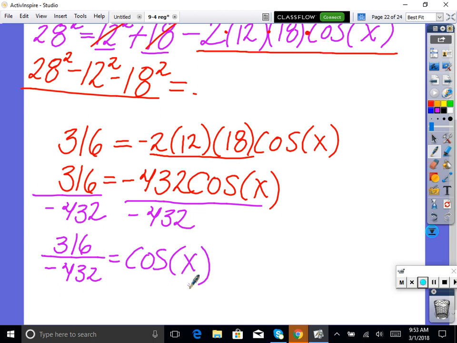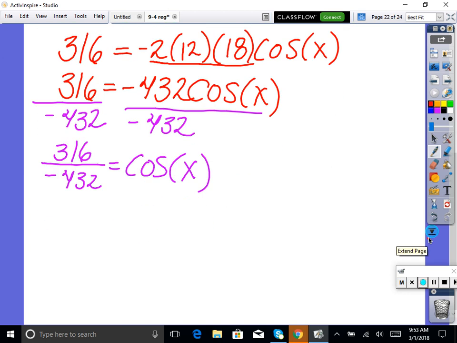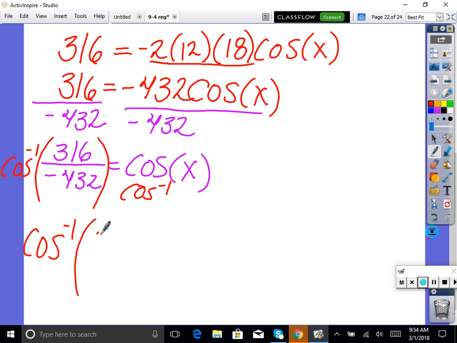Now in this one, how would we get x alone? Good. Cosine inverse both sides. So now you type into your calculator cosine inverse of all that stuff. And that's equal to x.